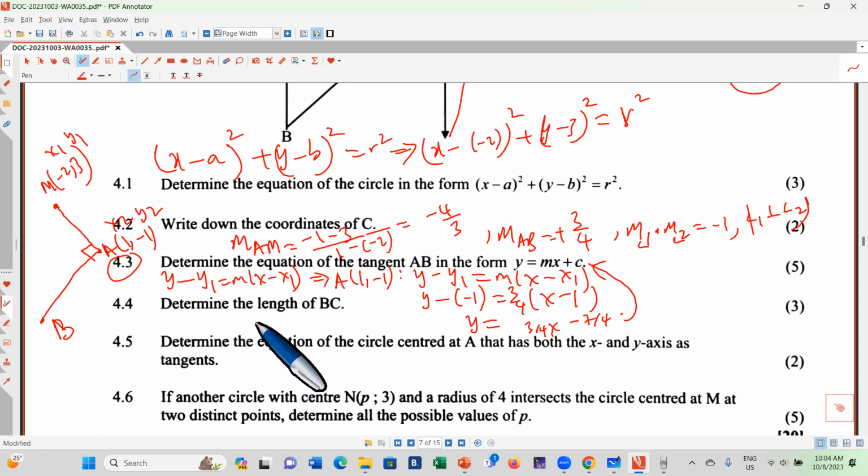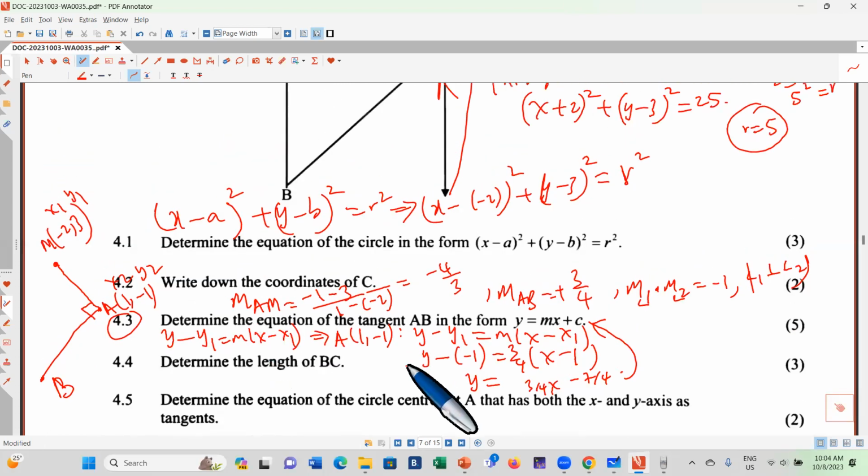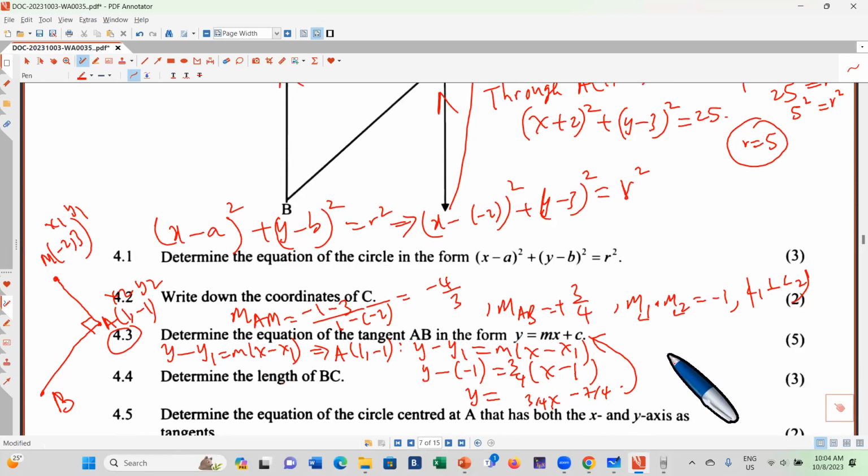Right, we're interested in the length of BC. That is what is wanted. The coordinates determine the length of BC.